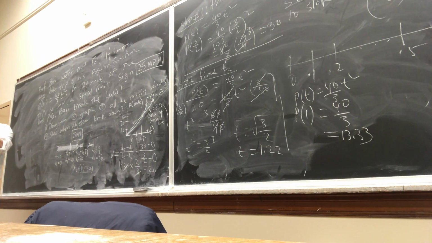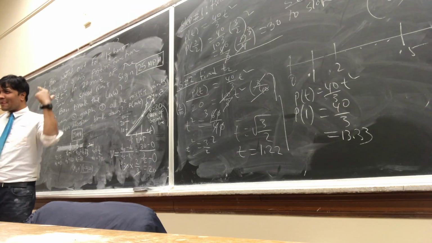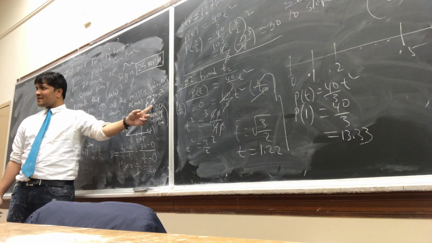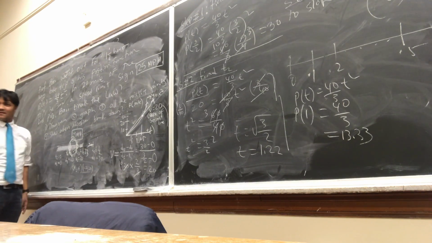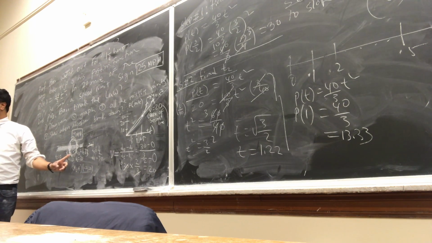Okay. Now we claim that as delta t goes to 1.22, the secant line converges to the tangent line. If that is true, then this velocity and this velocity would be different. In fact, if this velocity is lower, then I probably did not break the law.